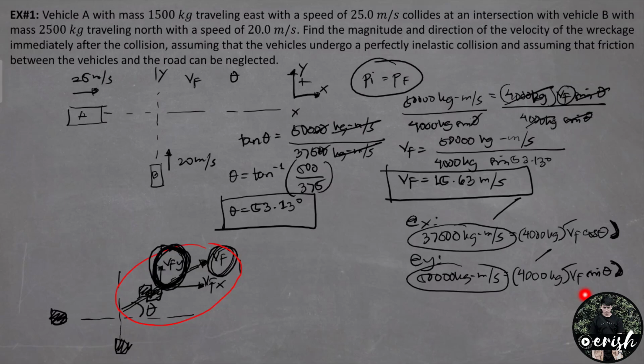Setting up of this alternate approach is a simple matter of substituting the, say, yung final velocity of x component is equal to final velocity cosine theta, and yung final velocity naman at y is simply the final velocity sine theta. So this is example number 1.